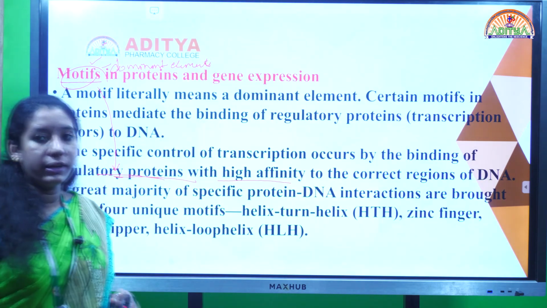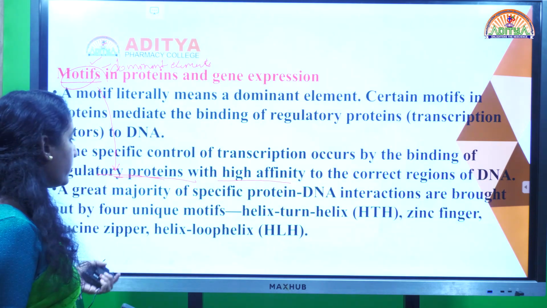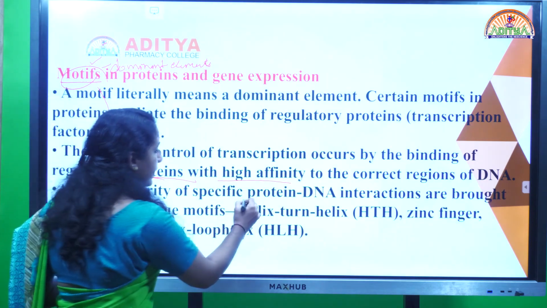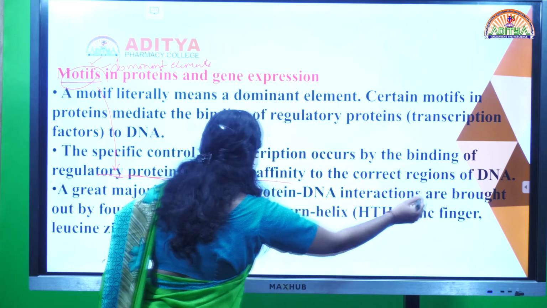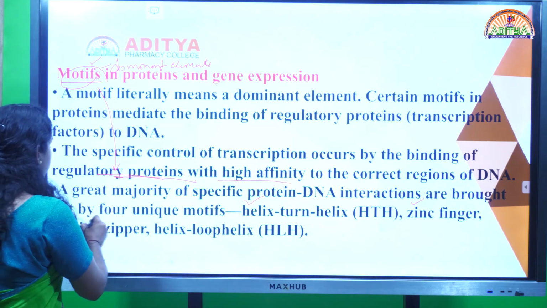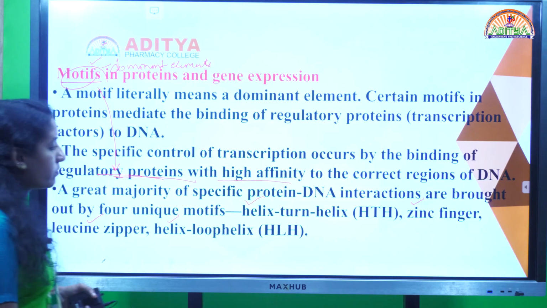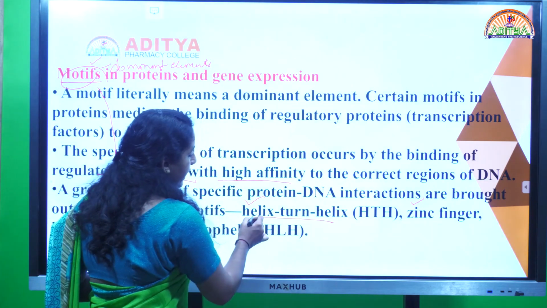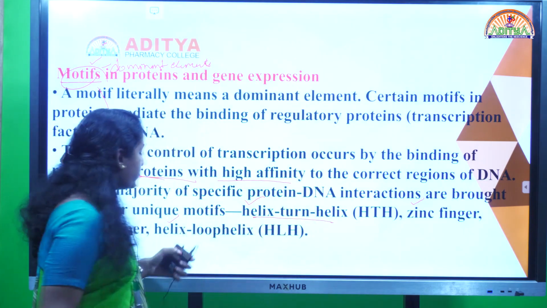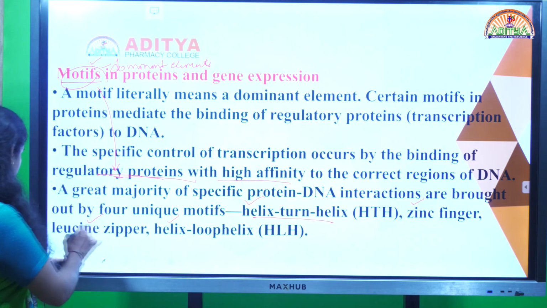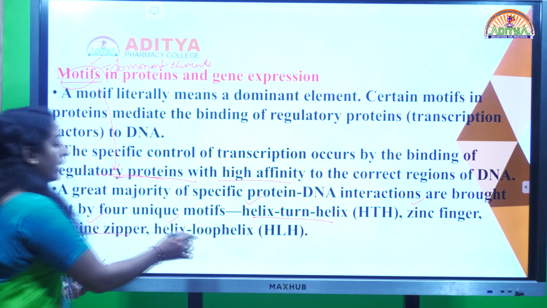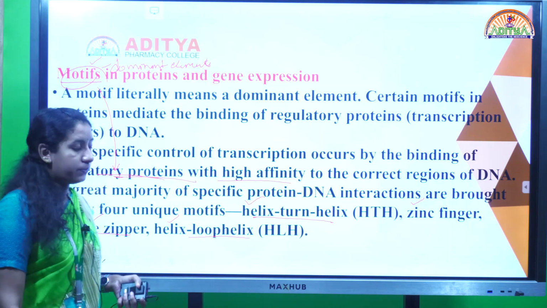Generally there are four types of different motifs: the first one is helix turn helix motif, zinc finger motif, leucine zipper motif, and helix loop helix motif. So if you observe, HTH, that is helix turn helix motif, zinc finger motif, leucine zipper motif and helix loop helix motif.